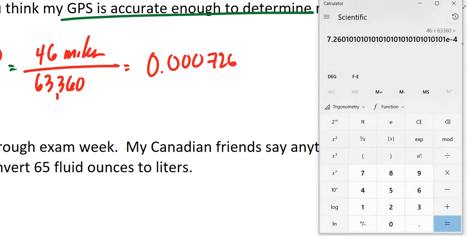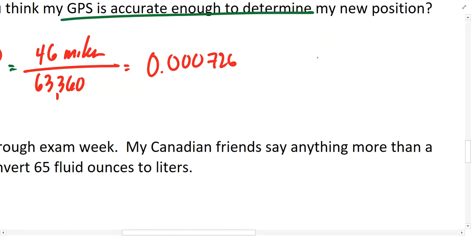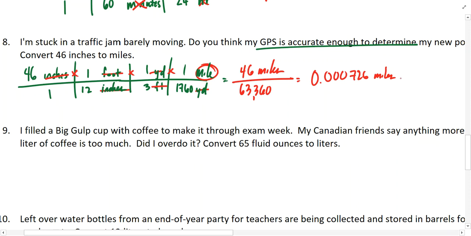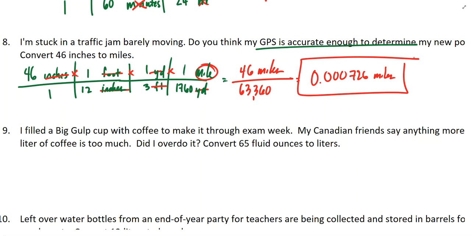This E -4 means that there are 4 zeros in front of the decimal 726. Now, I have moved 46 inches, which is the same as this decimal, 0.0000726 miles. I'd rather doubt that my GPS is this accurate.